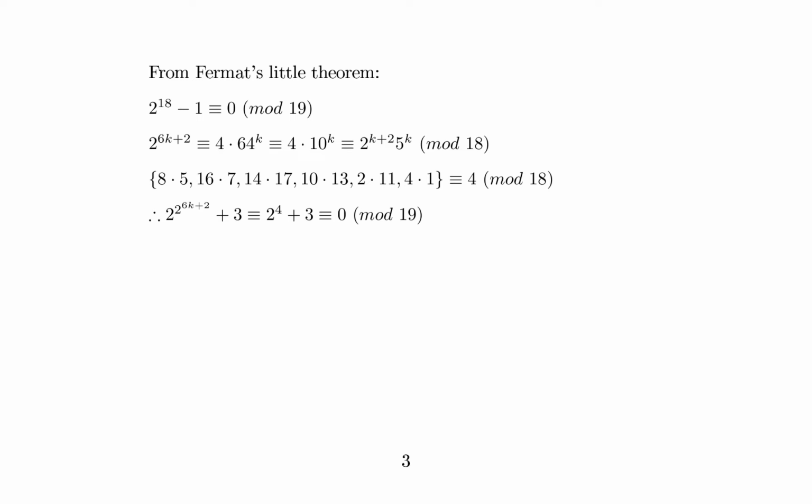So 2 to the power of that expression plus 3 is always equal to 2 to the power of 4 plus 3 mod 19, and that's 16 plus 3 equal 19. So it's always divisible by 19.